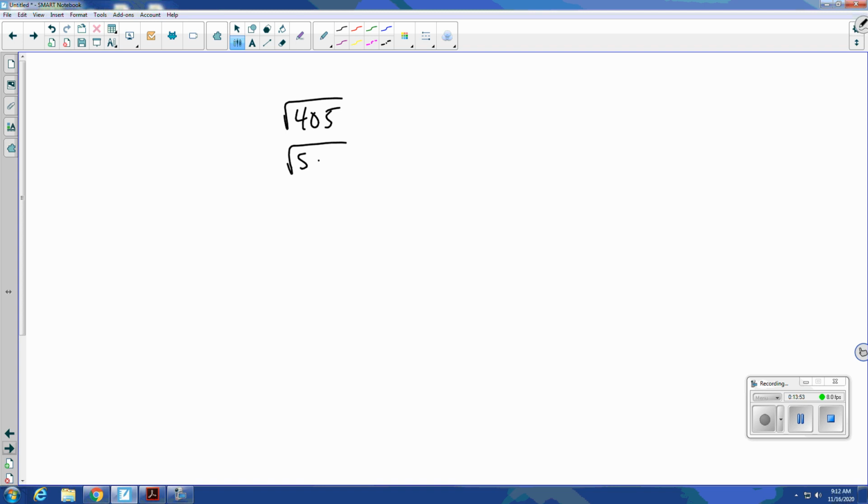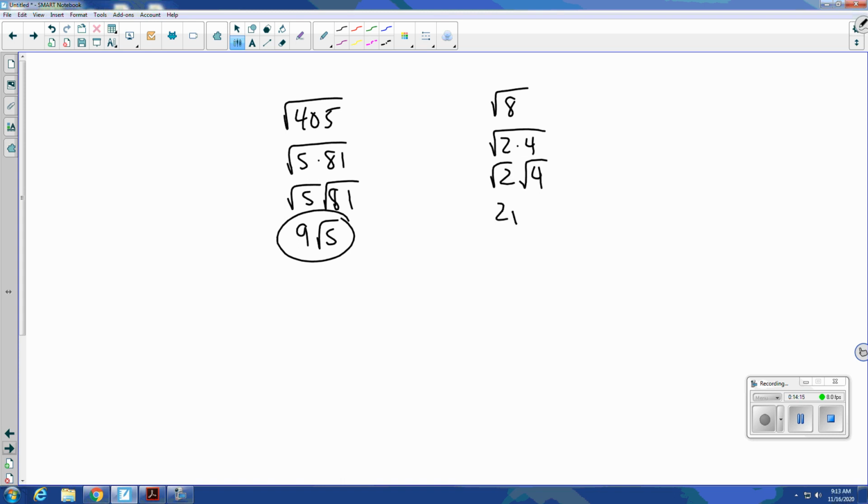So I can write 5 times 81. Then we can split. Then we get 9 root 5. We get to the same place. If we did it with square root of 8, the largest perfect square that goes into 8, that's a little easier to identify. It's just 4. Split. Simplify. We get to the same place.